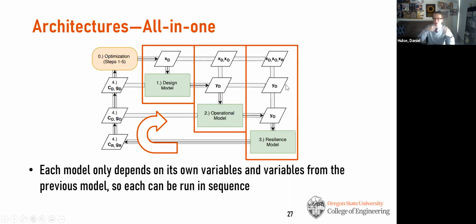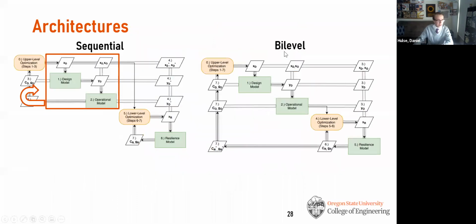Now, if you go through this in a loop, you have an optimization process, which you can use with any algorithm you want. And so this is how you would solve this in an all-in-one framework.